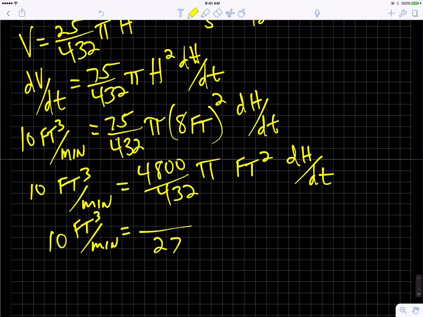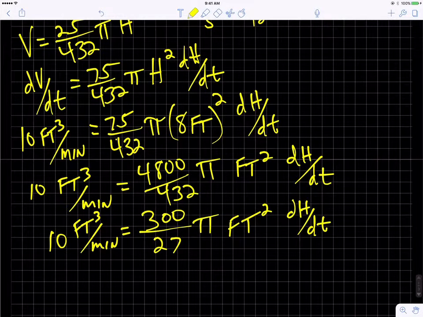So that's like dividing by 16. So 4,800 divided by 16 is 300. We could reduce that even more, I think, right? 3 goes into both of those. So I'm not going to rewrite the line for that. That's going to be 100, and that's going to be 9.